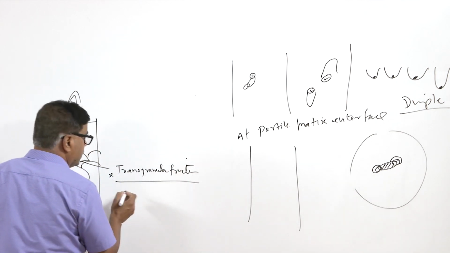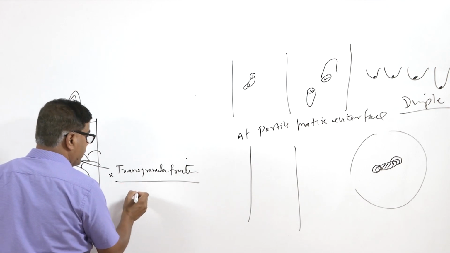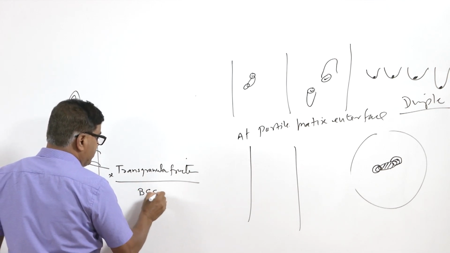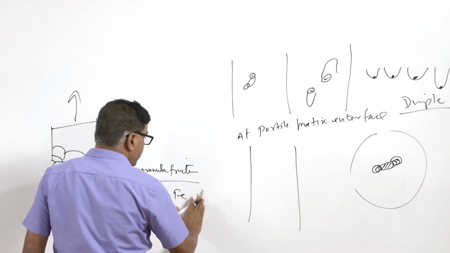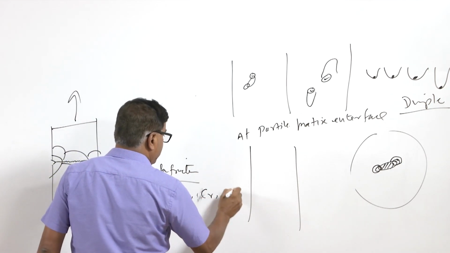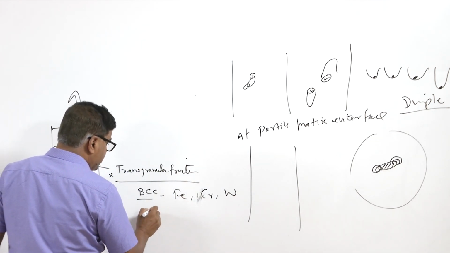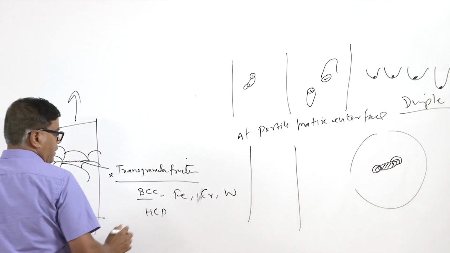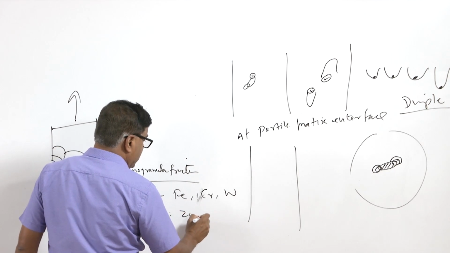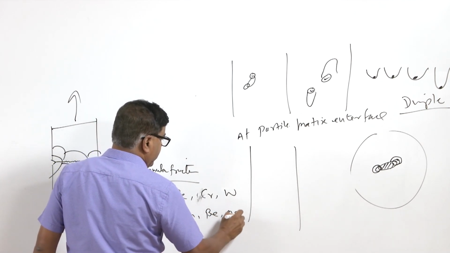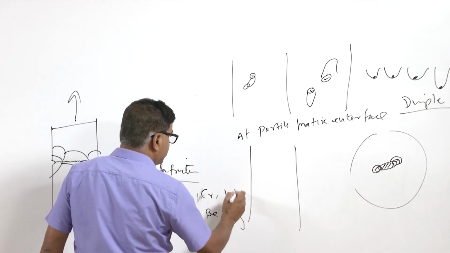This kind of fracture is mostly observed in BCC metal systems like iron, chromium, tungsten, while in the case of HCP, hexagonal close packed metals like zinc, beryllium, magnesium, because these metals have limited slip systems.